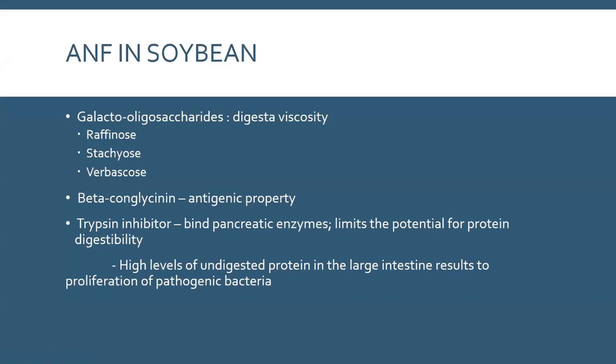They serve as substrate for these pathogenic bacteria. The more proteolytic bacteria you have, the more production of biogenic amines, ammonia, and other harmful substances that would impair gut health.